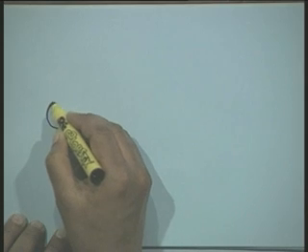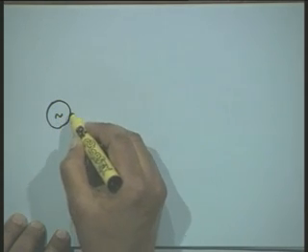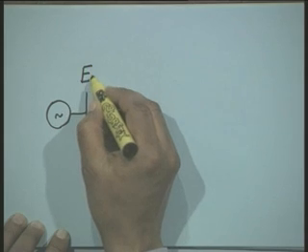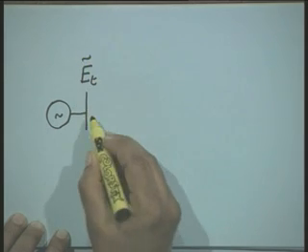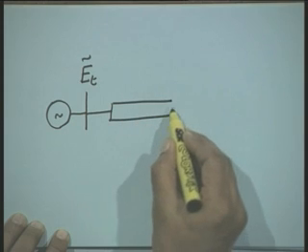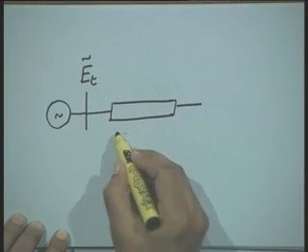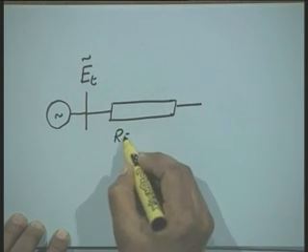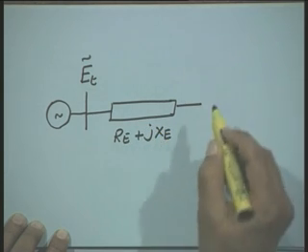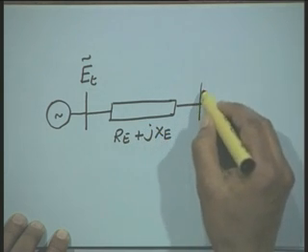Now, let us write down the network constraint equation. This is your synchronous machine. Terminal voltage is E t, phasor. The line impedance is R e plus j times x e, and here is our infinite bus.